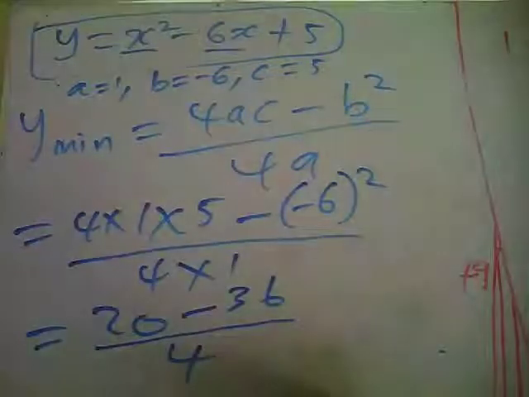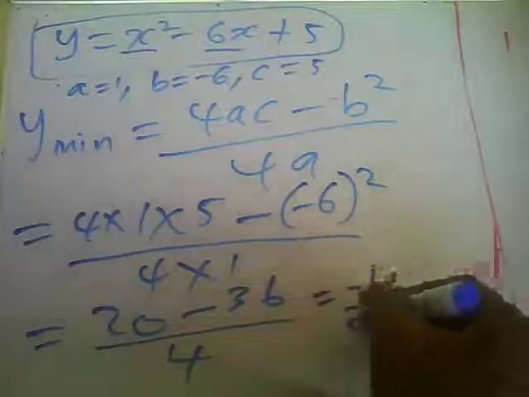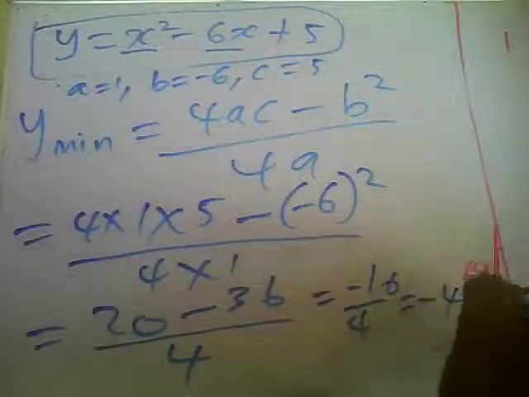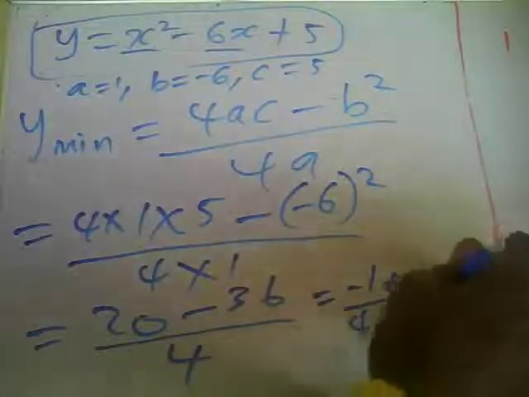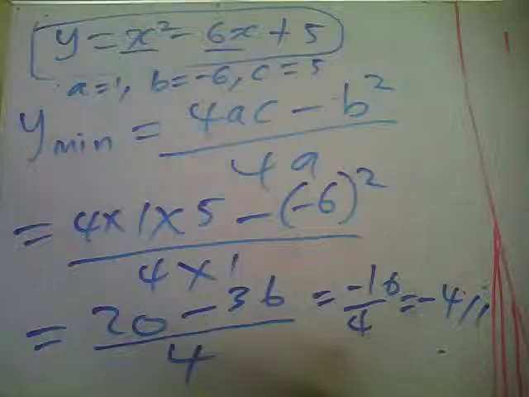So that's minus 16 over 4, giving us minus 4. So we still get minus 4 as the minimum value of the function.